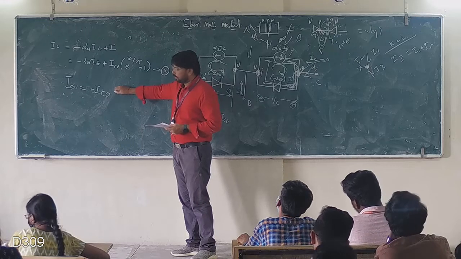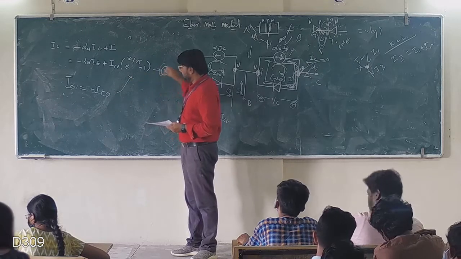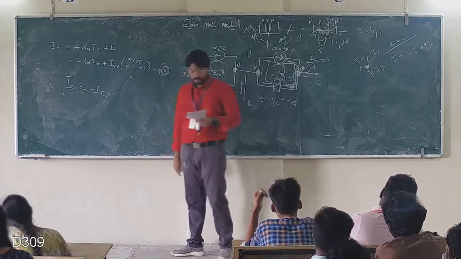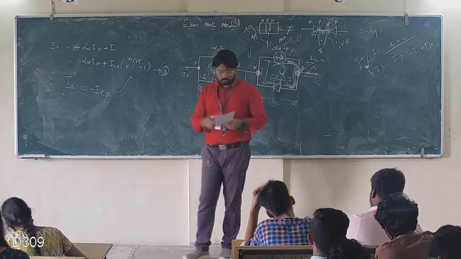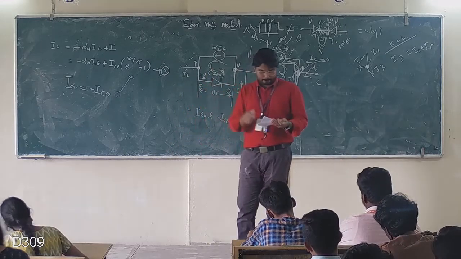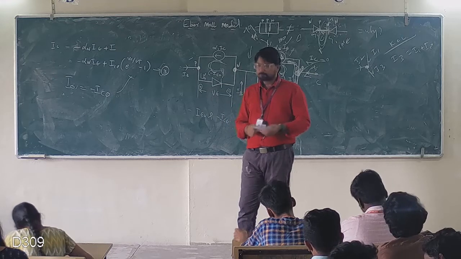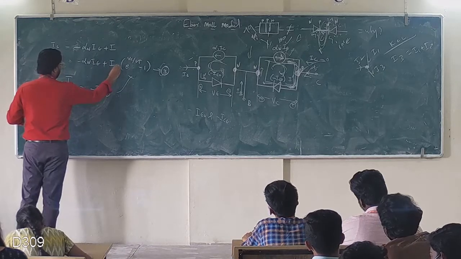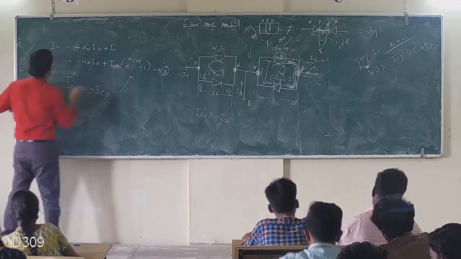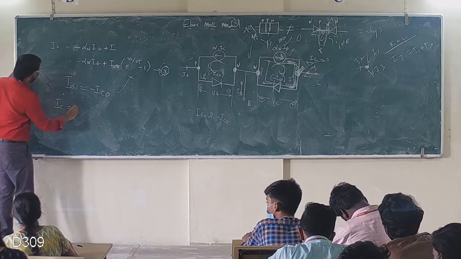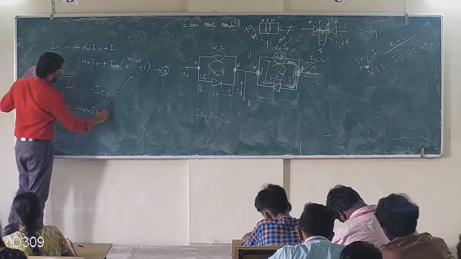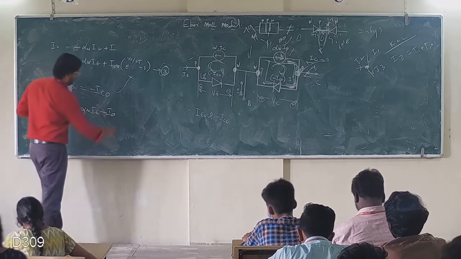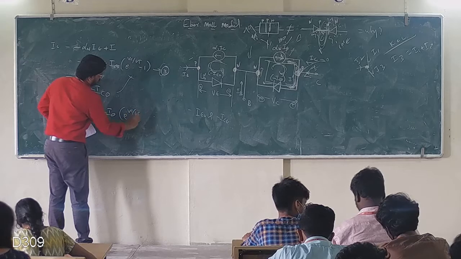Substituting the above equation in equation 3, what we got: IC is equal to minus alpha n IE plus I naught into e to the power of VC by VT minus 1.